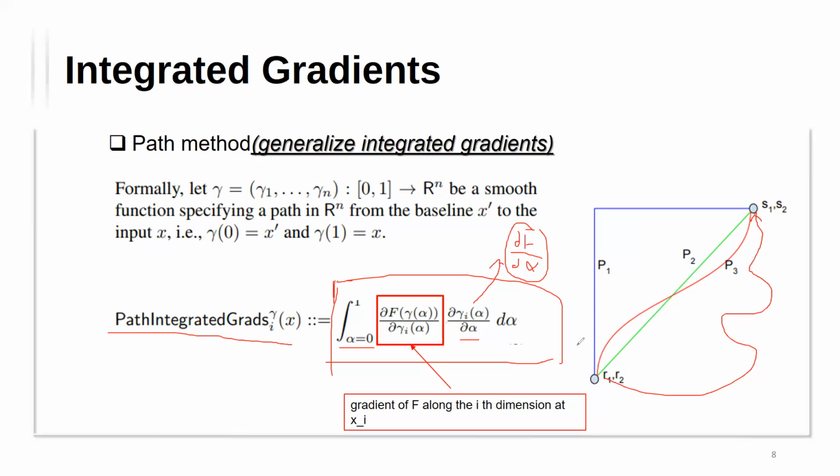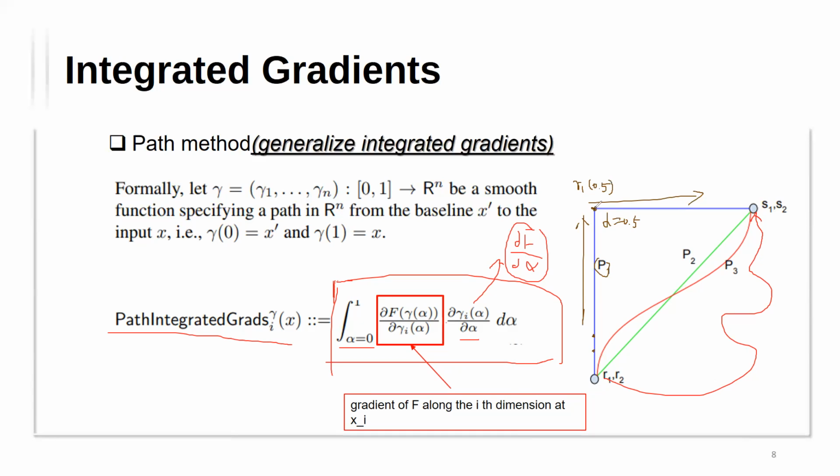We have gamma, for example, for path P1, and we are using the points along the path. So basically, gamma of alpha, for example here alpha equals 0.5, this is gamma 1 of 0.5.